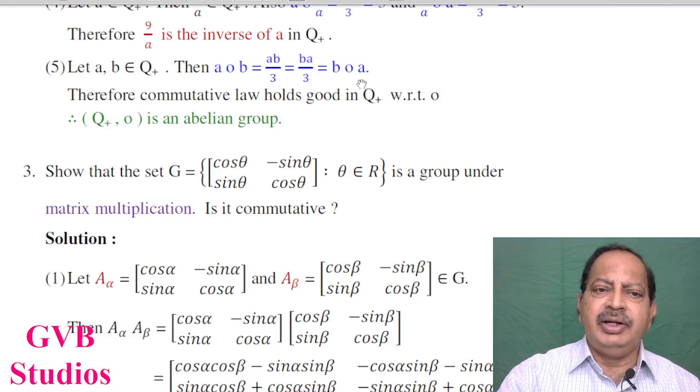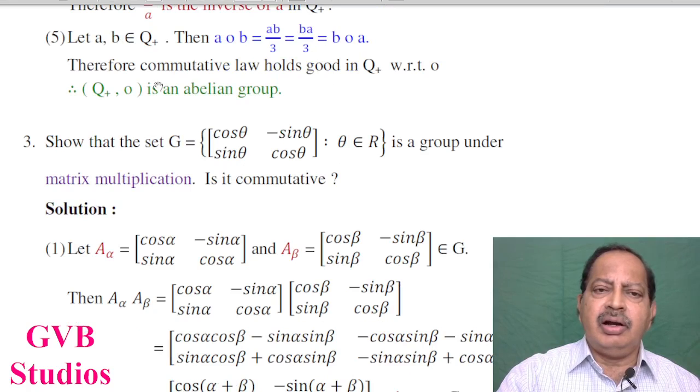Commutative law is verified here. Therefore, commutative law holds good in Q plus with respect to binary operation circle. So, all the 5 postulates of an abelian group are verified and satisfied for the elements of Q plus. Therefore, (Q plus, circle) is an abelian group, or we can say the other way, it is called a commutative group.